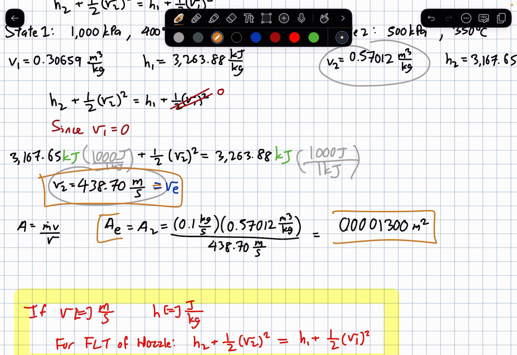Meters squared. It's kind of weird as a number if you leave it like that. So convert to centimeters.